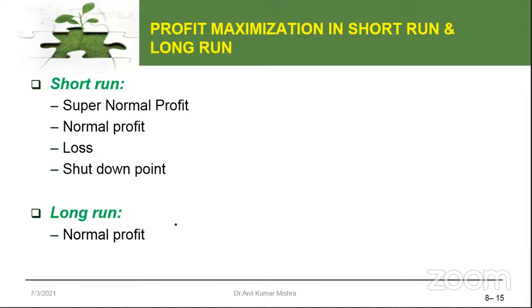Why in the short run do we obtain four different situations, but in the long run only one? It is because of free entry and exit. Because of free entry, in the long run all producers inside the industry obtain only normal profit. We move one by one, starting with the short run, where four different figures are there.